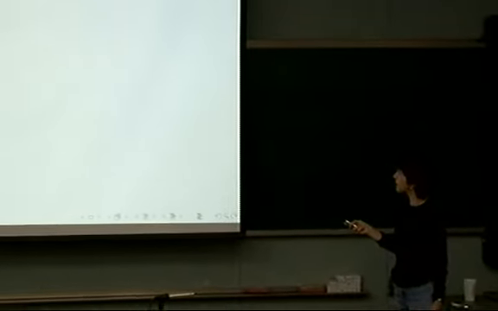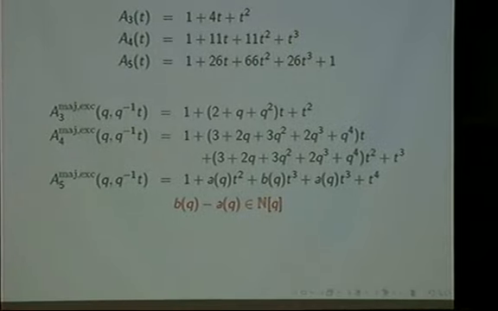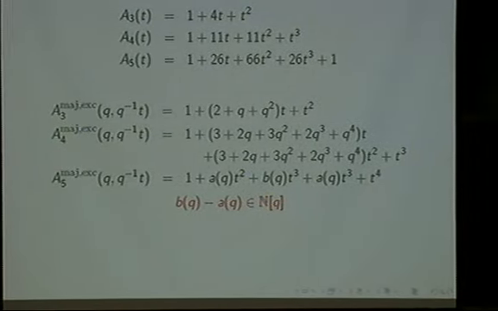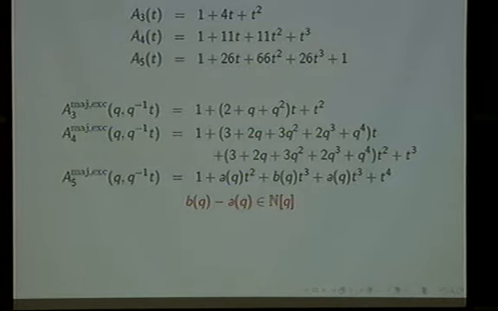So what about the q-Eulerian polynomials, the Mahonian q-Eulerian polynomials? Here are the first 3, and 4, 5, and you can see, in these examples, the symmetry.